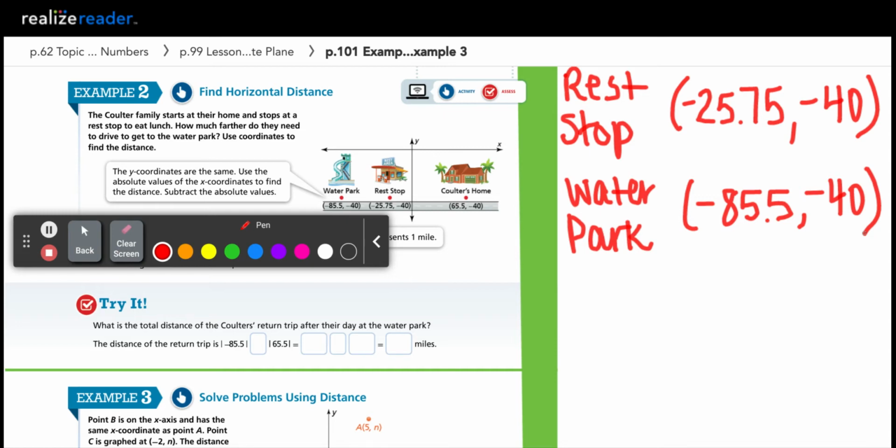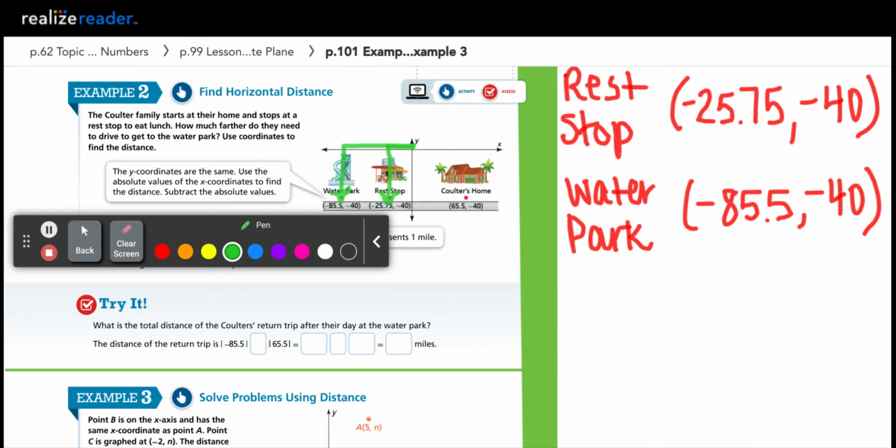So let's look at what this means here on our coordinate plane. On the coordinate plane, it's just telling us that we will be moving -25.75 to the left, and then down 40, and then -85.5, and then down 40.